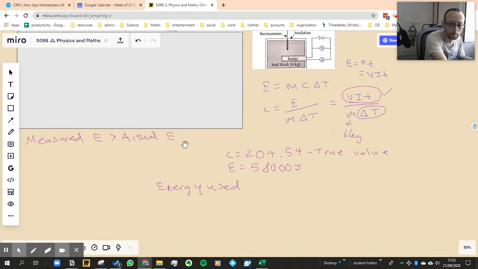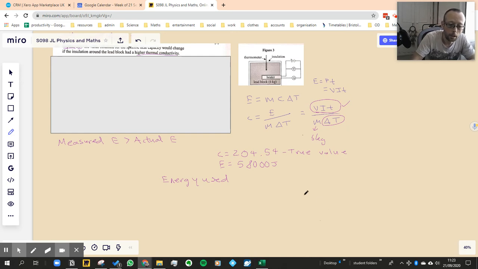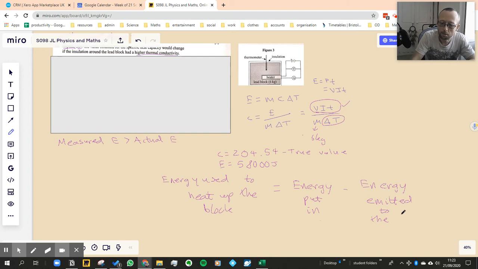Let me use my mouse to give myself a bit more space. Energy used to heat up the block is going to be equal to the energy put in minus the energy emitted to the surroundings, or energy lost to the surroundings, but I don't really like to use the word lost when we're talking about energy, because energy can't be created or destroyed.